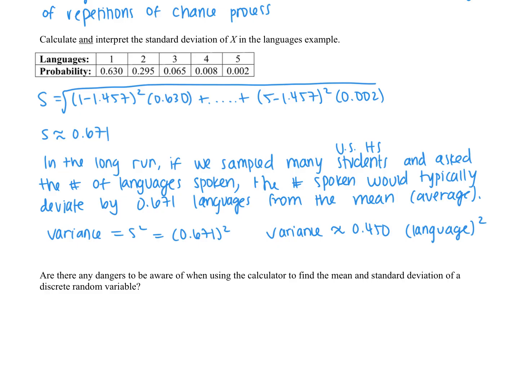Okay, and then last question. Just as a reminder, when using your calculator, you need to show work. Also, one other thing. In your calculator currently, under 1-var stats, your frequency list is L2.